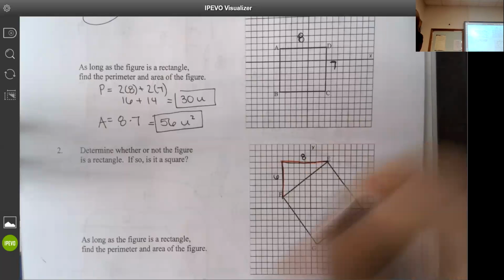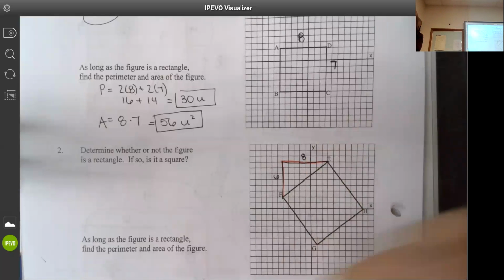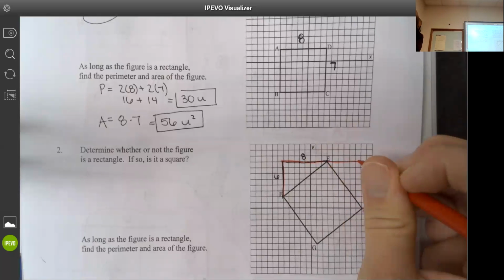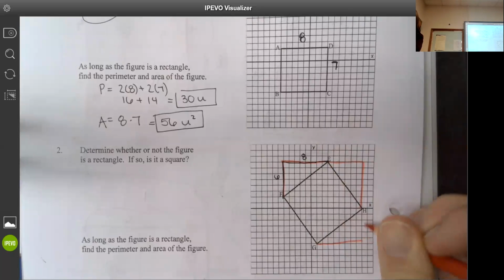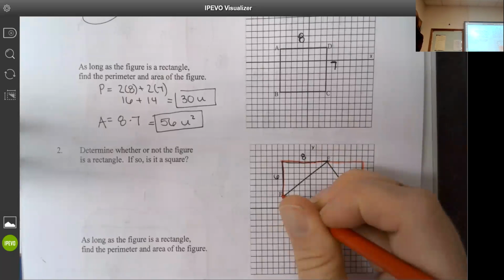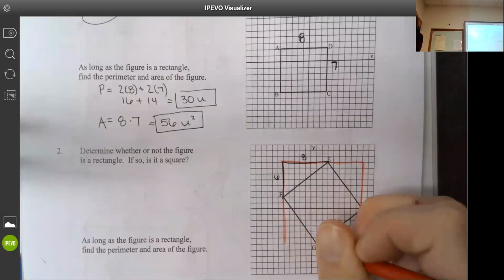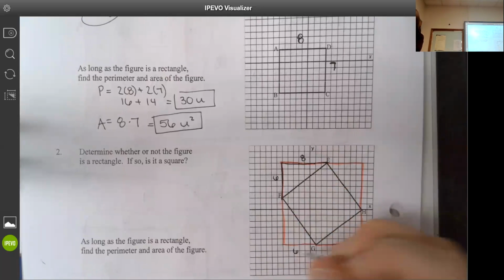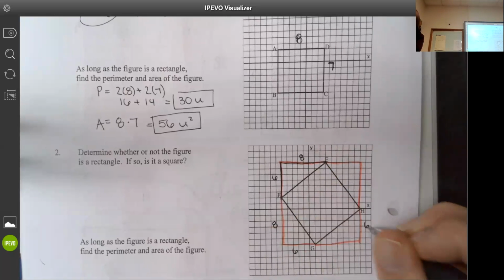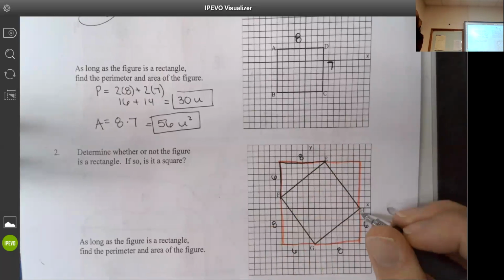And what actually ends up happening is you get the same over here and the same over here and the same over here. These are all going to be 6 by 8, 6 by 8, 6 by 8.